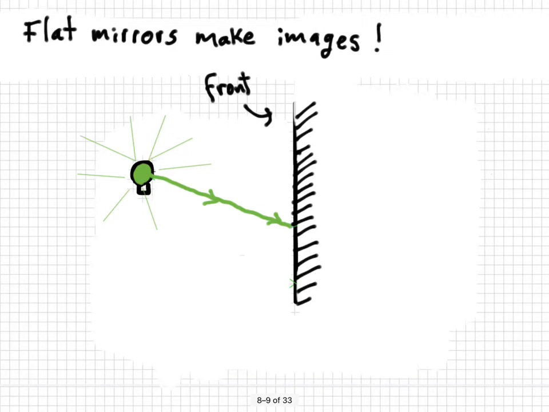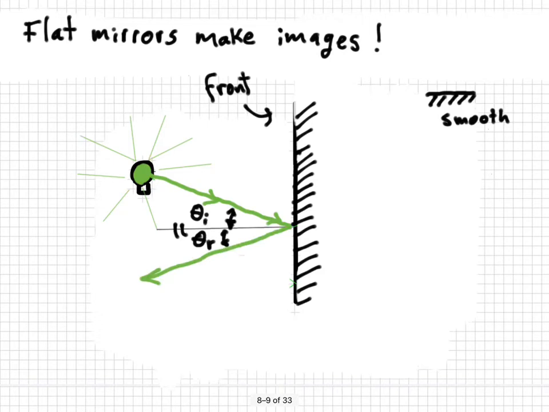So the front of the mirror is there. The convention that we have in physics 2425 and 2426 is that this symbol means that the surface is smooth. So we have a shiny surface, otherwise known as a mirror, and when the light ray interacts with the mirror, we know that the angle of incidence and the angle of reflection are going to be the same. So the reflected light ray looks like that.